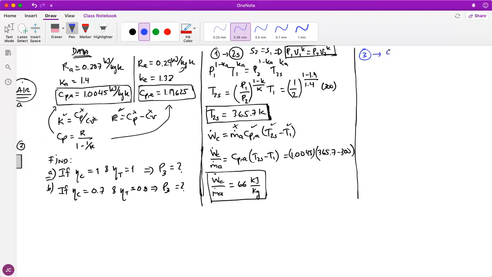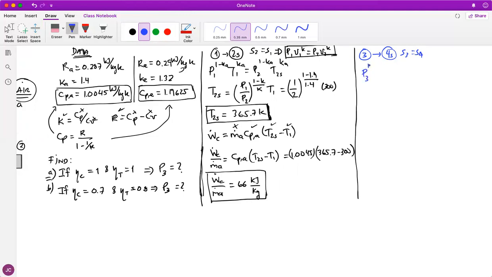From 3 to 4, I'm doing the isentropic case for the turbine. Why? Well, maybe it gives me some information that I needed. So I'm thinking that in this case the turbine is isentropic, which it is in this part of the problem, and then I'm going to get some data.